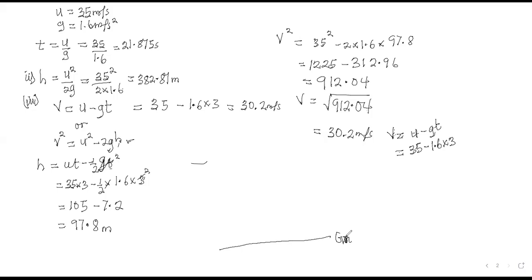This is the ground, and we have 2 particles, P and Q. They are all positioned at a distance of 100 meters above the ground.